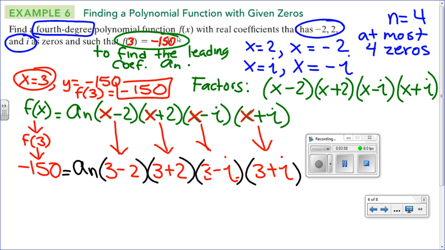We're still looking for a sub n, so here 3 minus 2 is 1, and 3 plus 2 is 5.